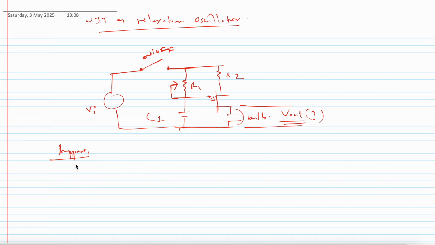Suppose this switch is closed, then the capacitor gets charged, until this VE is less than the voltage required to trigger the UJT on.